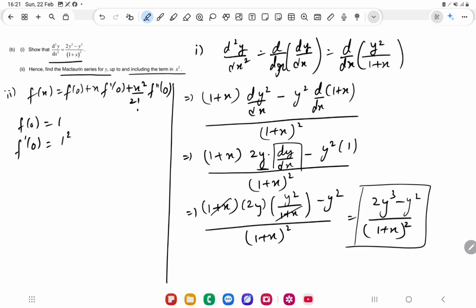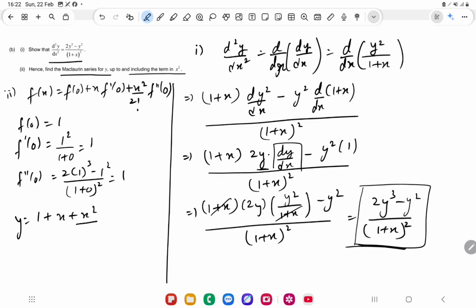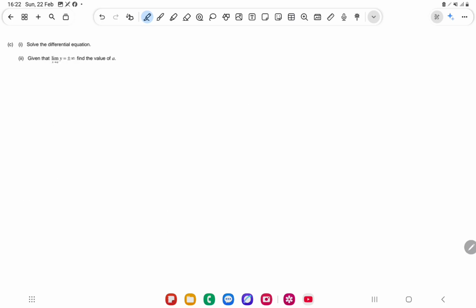F dash 0 will be 1 square upon 1 plus 0, which is 1, and the double derivative which I just calculated in the first part, I can write as (2 times 1 cube minus 1 square) upon (1 plus 0) whole square, which is 1. So the Maclaurin series expansion will be 1 plus x plus x square by 2, because we have to do it till x square only.